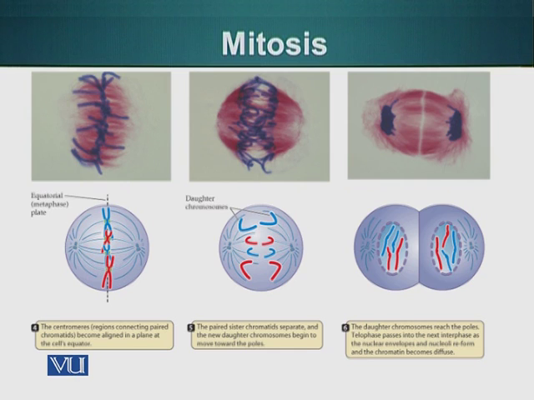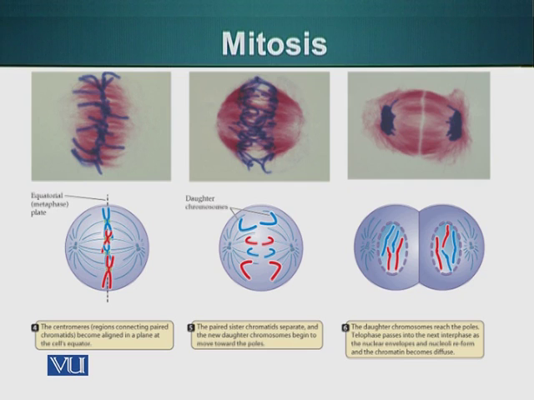The cell tries to see whether all the kinetochores are attached to the spindle fibers or microtubules. For the two chromatids forming one chromosome, one kinetochore is attached to one spindle on one side, and the other kinetochore on the same chromosome is attached to the other spindle. After the cell has checked that all the microtubules have been attached to the kinetochore, the next phase starts, the anaphase, in which the chromosomes start to move apart.